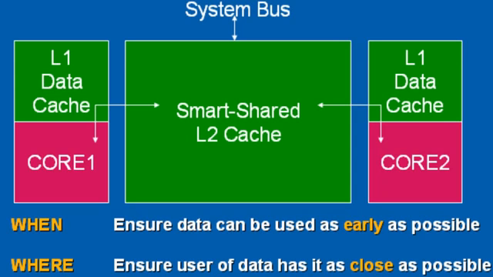Level 2 cache is slower but has a larger capacity. Level 2 advanced transfer cache is faster, and it is built directly into the processor chip. And level 3 cache is separate from the processor chip, usually on the motherboard. Level 3 is only on computers that use level 2 advanced transfer cache.